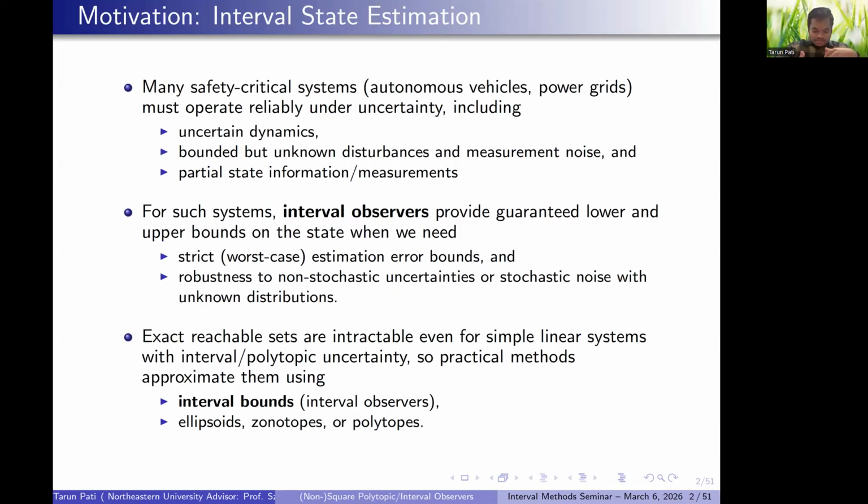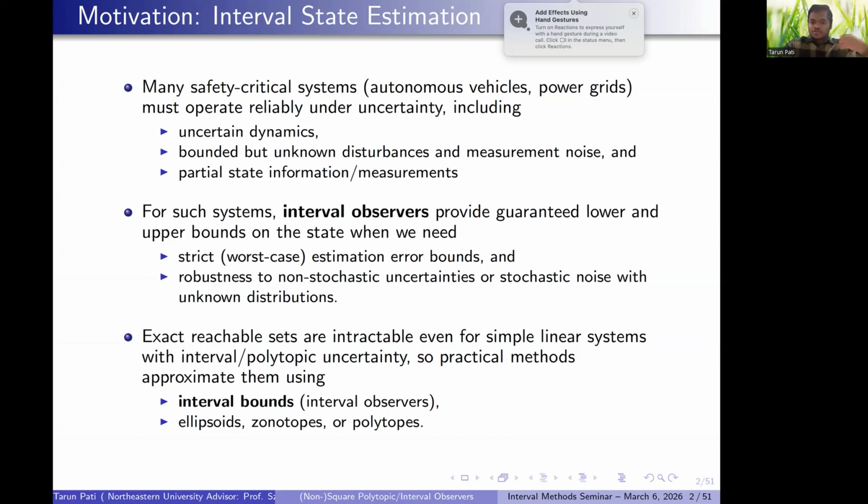For such systems, point-wise estimates, for example using classical observers like Kalman filter or Luenberger observers, may not be sufficient, especially when strict guarantees are required, because these classical observers only provide probabilistic or statistical guarantees.